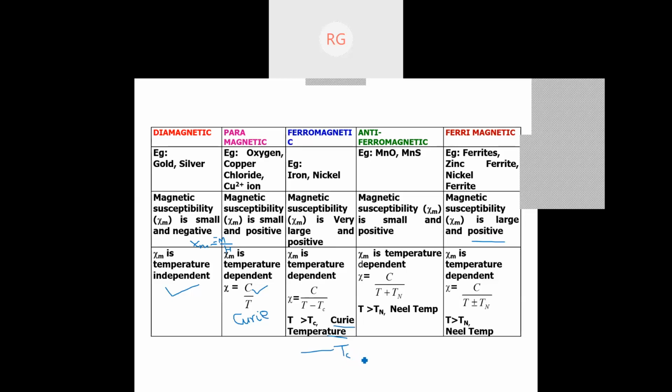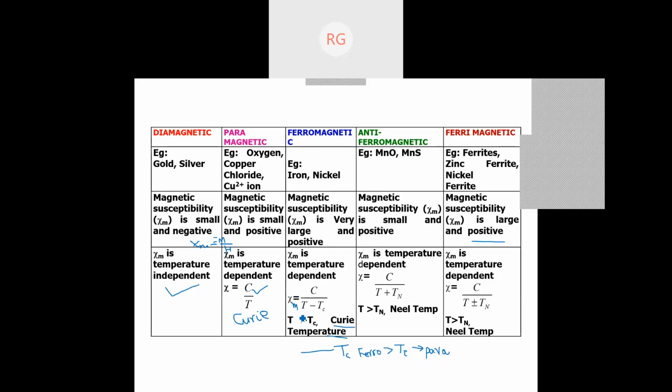If you keep these ferromagnetic materials above Tc, they will convert into paramagnetic substances. So ferromagnetic materials will become paramagnetic materials at a temperature greater than Tc. That's why chi is temperature dependent.